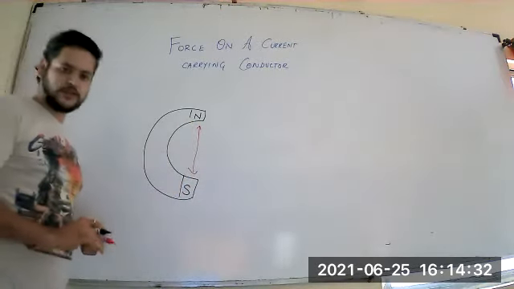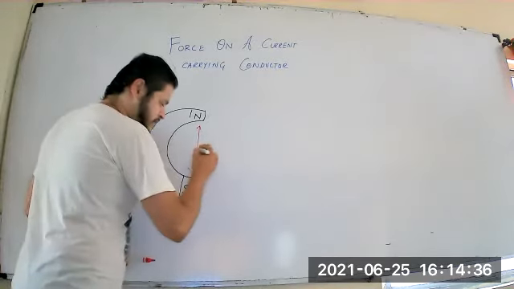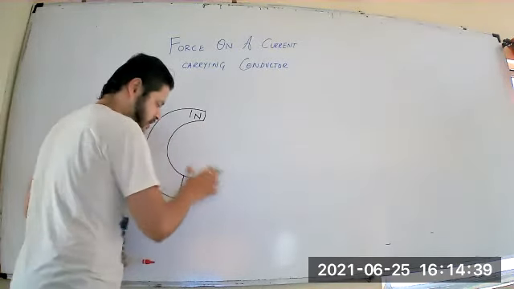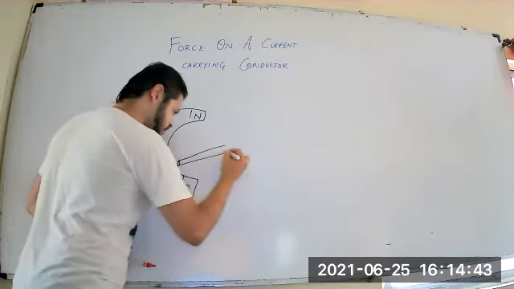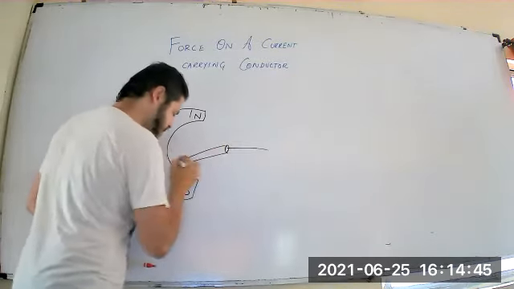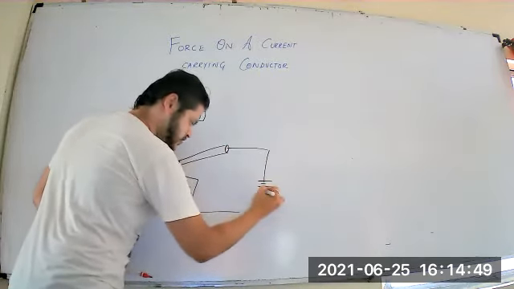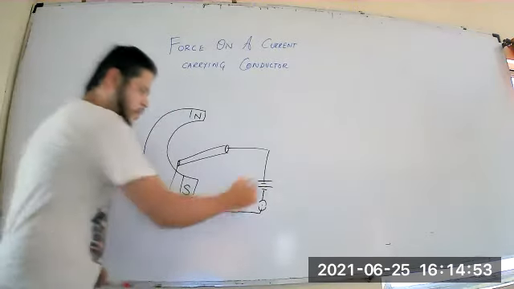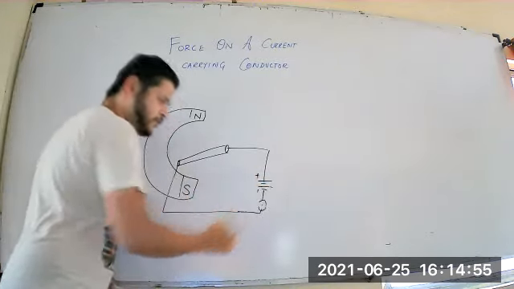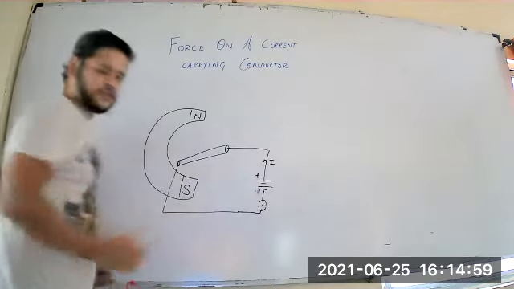This will be the direction of the field. Now, in this gap, I insert a current carrying wire. We all know that the current will flow from positive to negative, so this will be the direction of current.